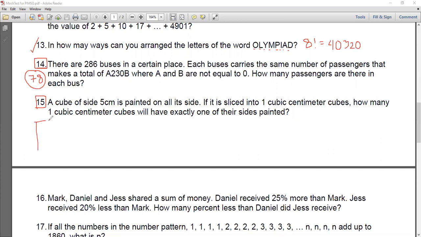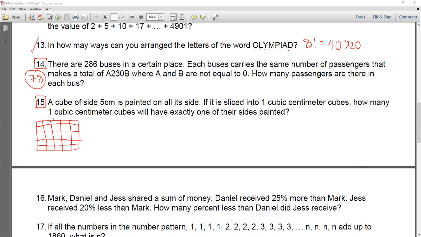So looking at the top view, 1, 2, 3, 4, 5.